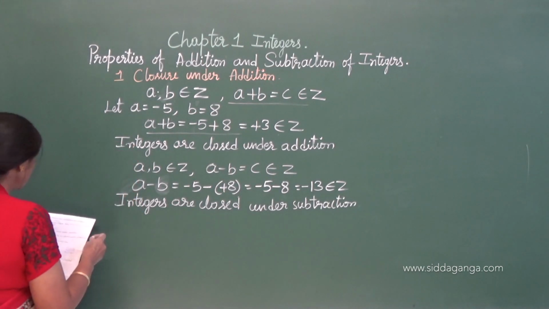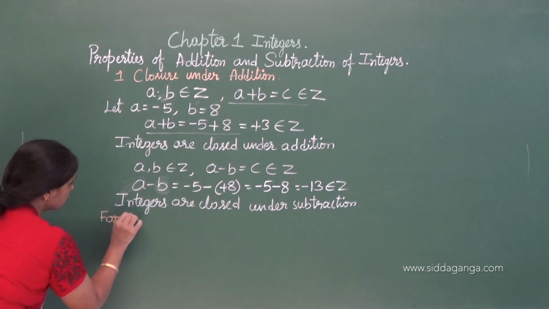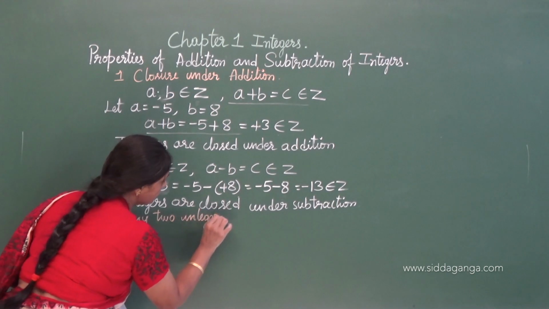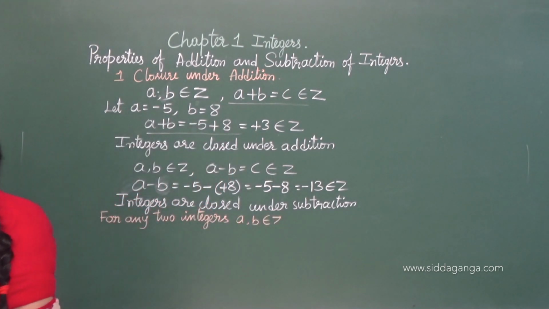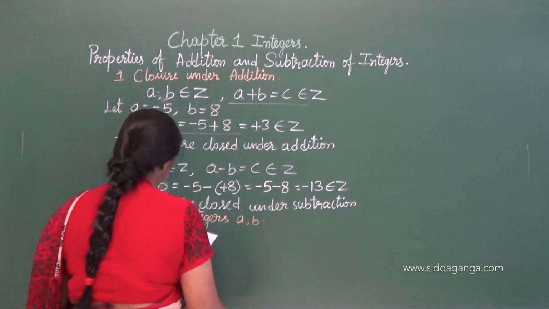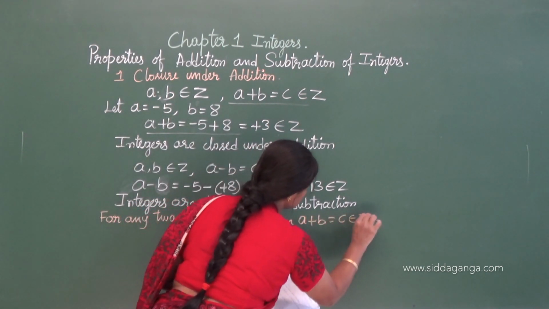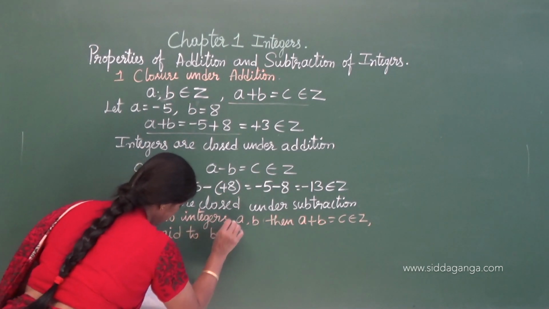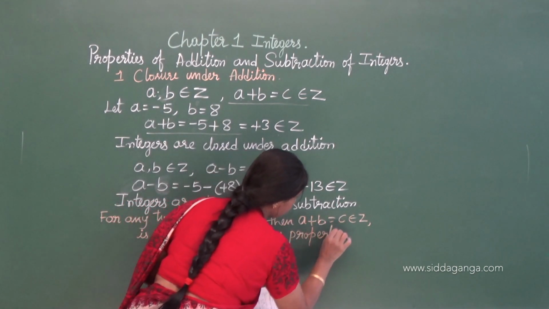So then the property can be written like this. For any two integers a comma b belonging to Z, then a plus b is equal to c belongs to Z is said to be closure property.